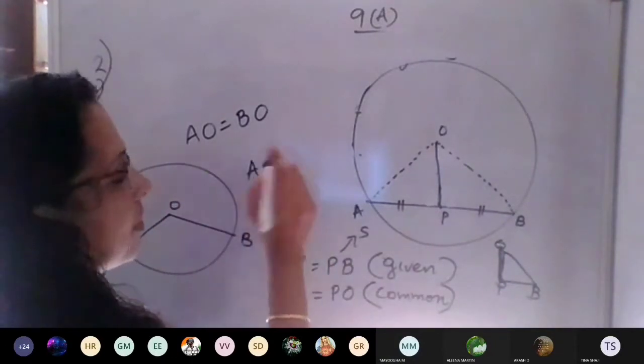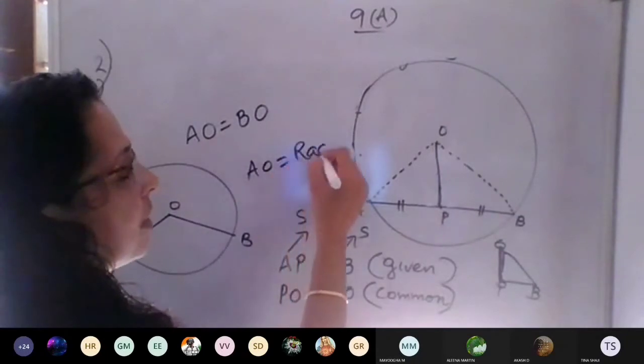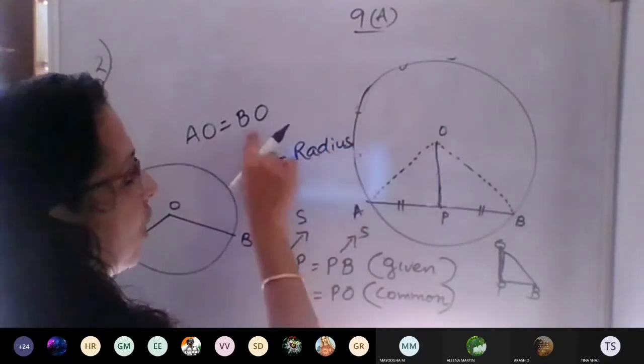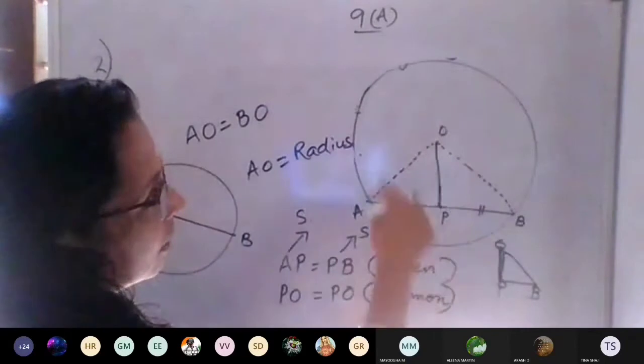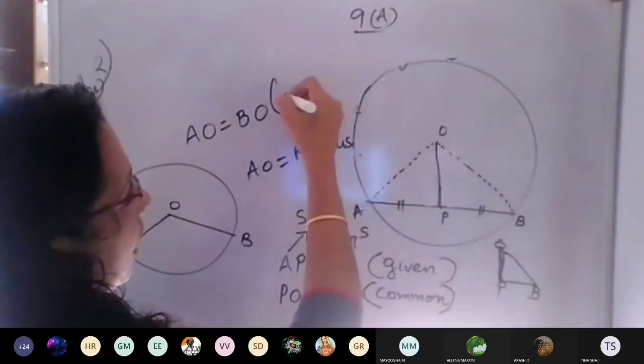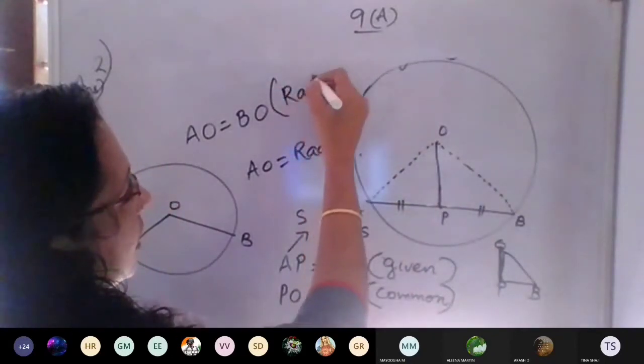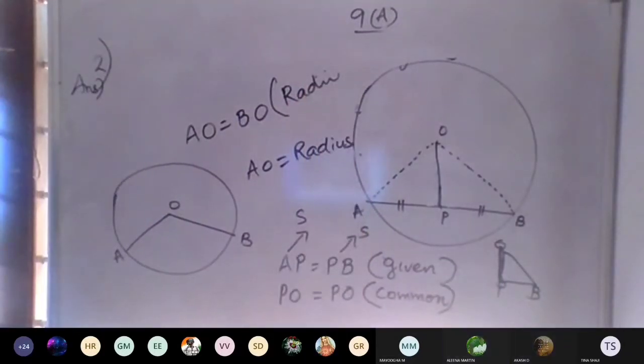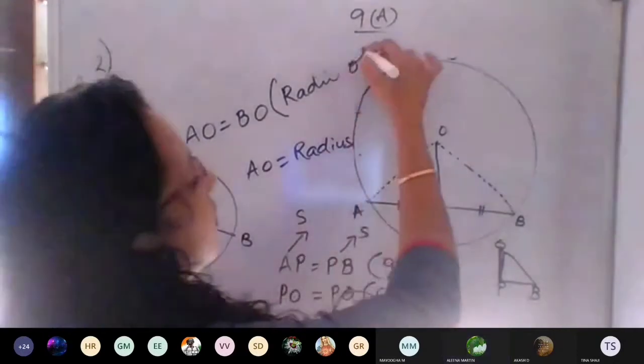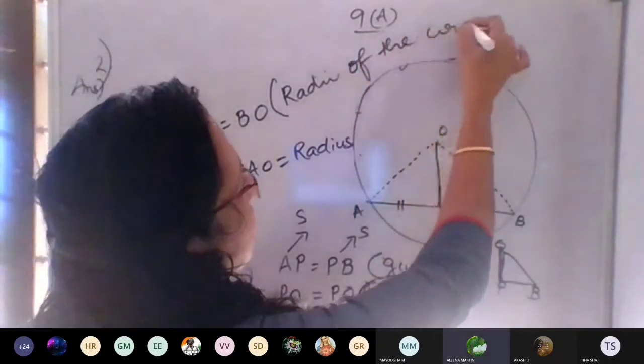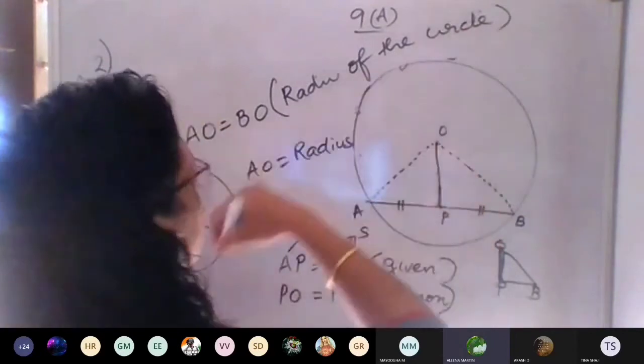Simply writing AO means we will write a radius. The plural of radius is radii. Radii of the circle.